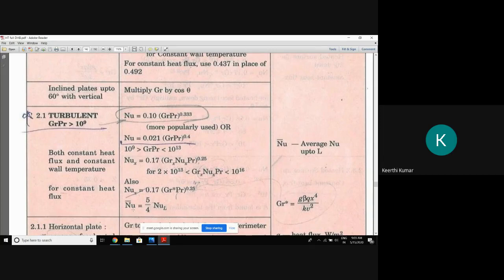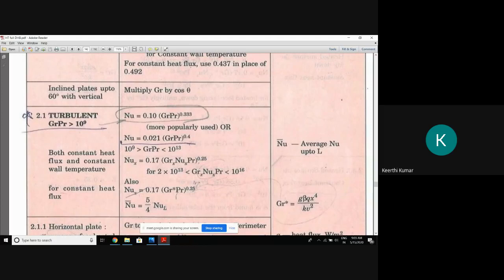Always we are supposed to substitute Nu average only. In the earlier problem, I did not distinguish Nu at X and Nu average because both are the same. But here he has given NuX and Nu average separately.